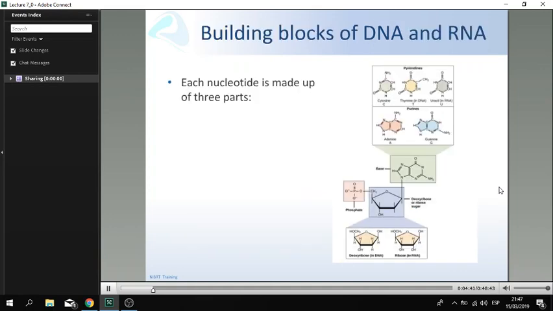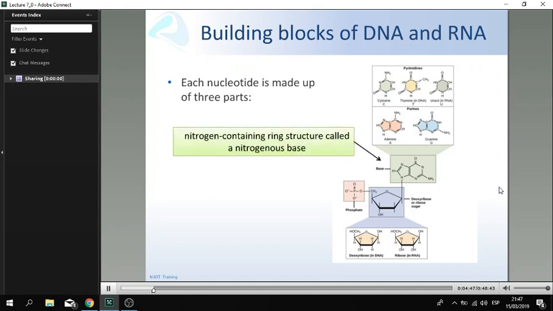But again, just to remind you, building blocks of DNA and RNA are nucleotides, and nucleotides are actually made up of 3 parts. So the first thing that you have is a nitrogen ring structure that's called a nitrogenous base, and this ring structure will be different depending on the nucleotide.